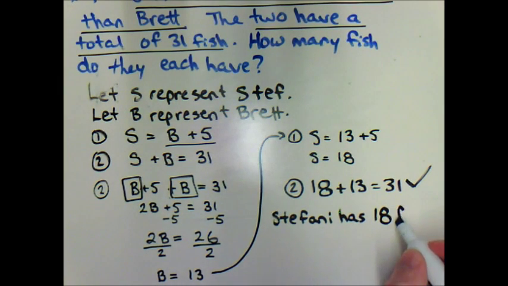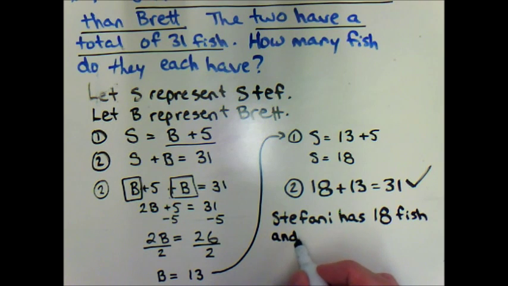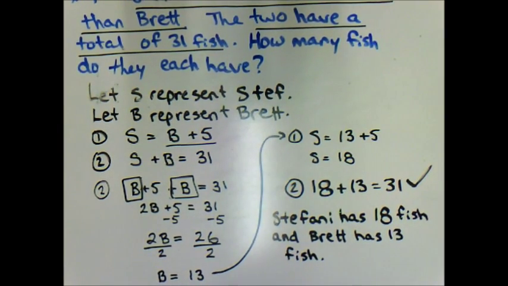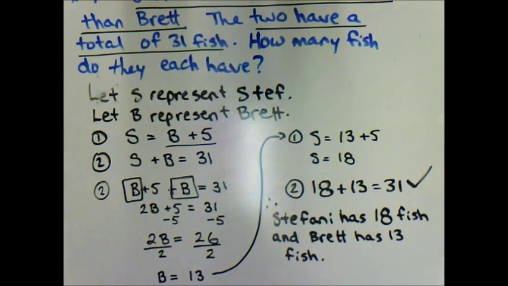Stephanie has 18 fish and Brett has 13 fish. I always did that, but you don't have to do that in this situation. There are certain branches of math where you must do that. This is not one of them.